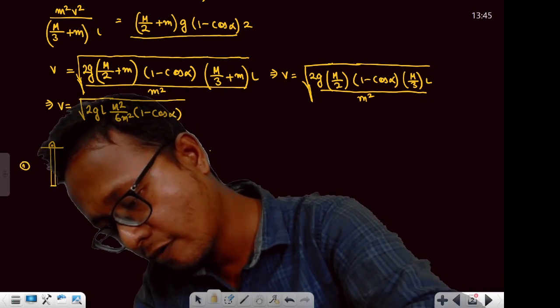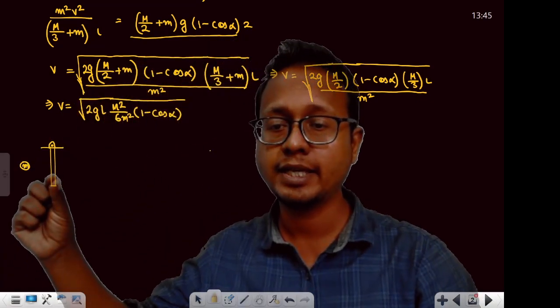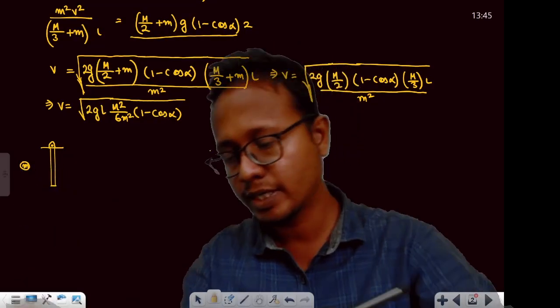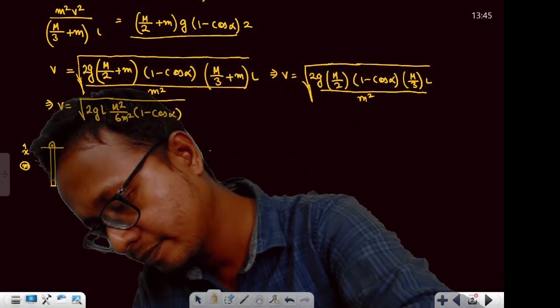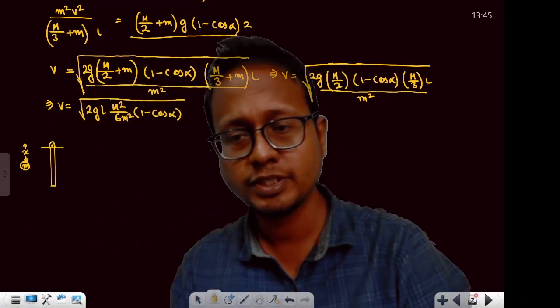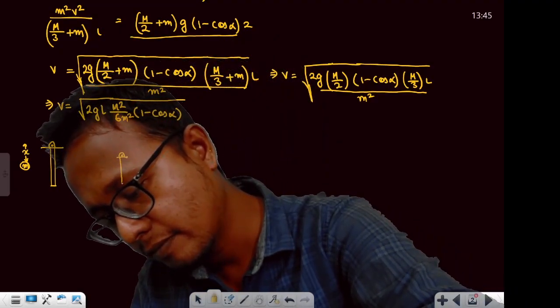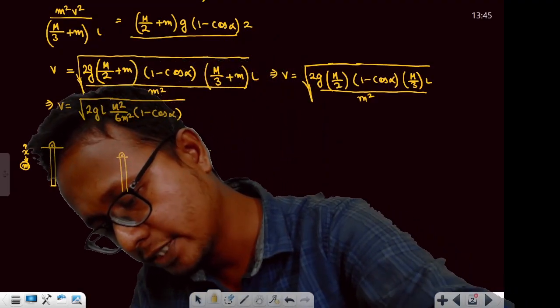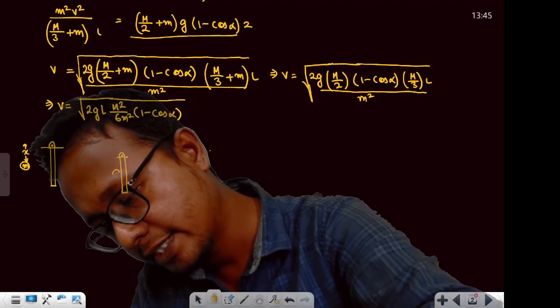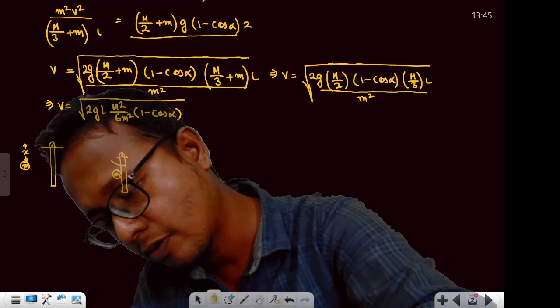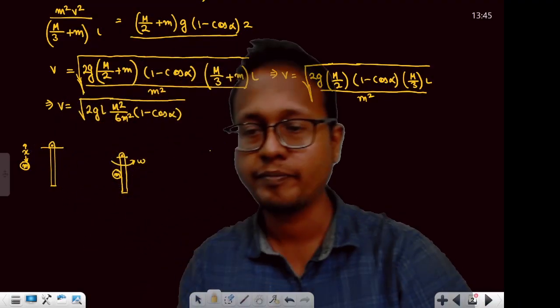Now the ball of mass m is not striking at the end; it's striking somewhere at B, at distance x. Understood this much? After it strikes, the ball gets attached to the rod, and the combined system moves with angular velocity omega.